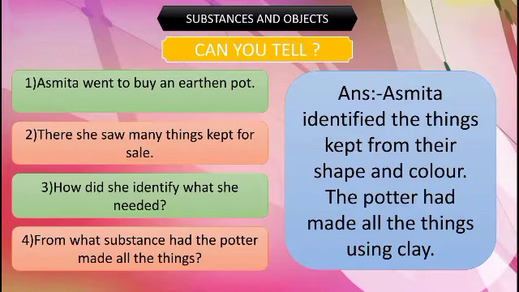So if we answer these questions, Asmita identified the things kept for sale with the color and the shape. And the potter had made all these things using clay, that is wet mud. Accordingly, the potter had given shape to the objects, and Asmita recognized them by their shape and color.